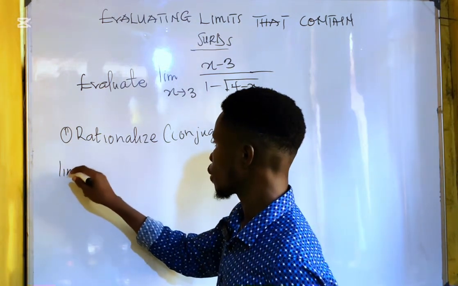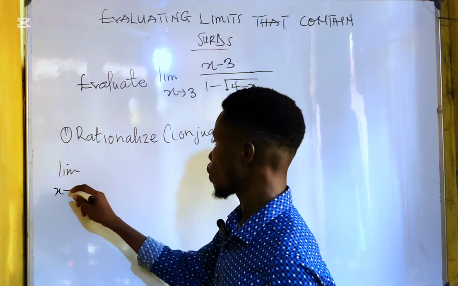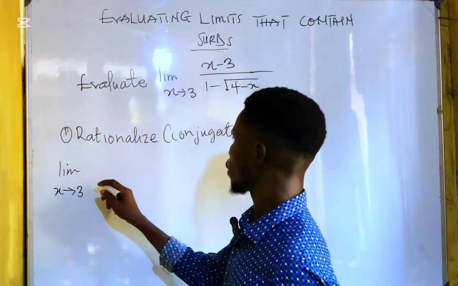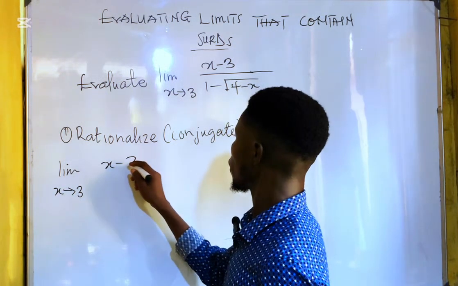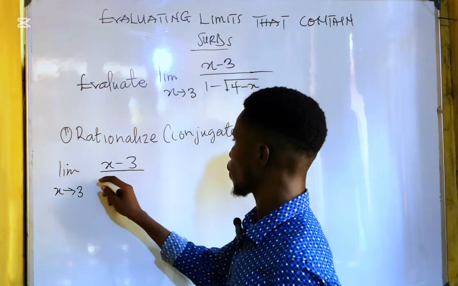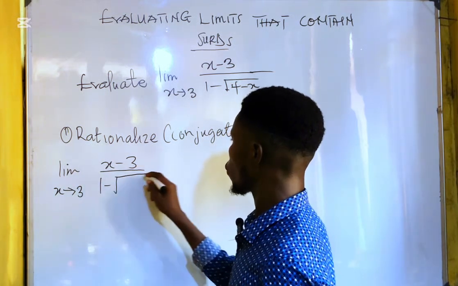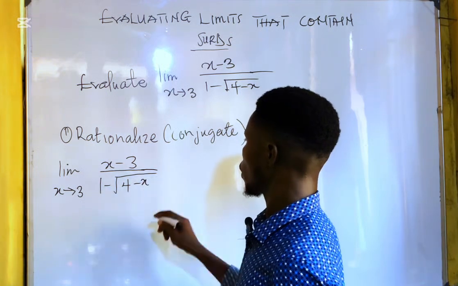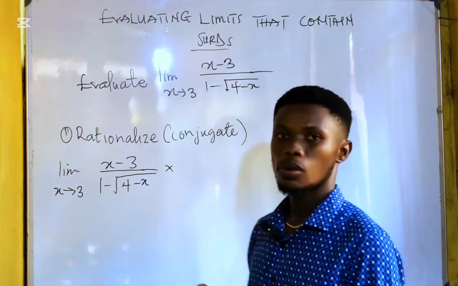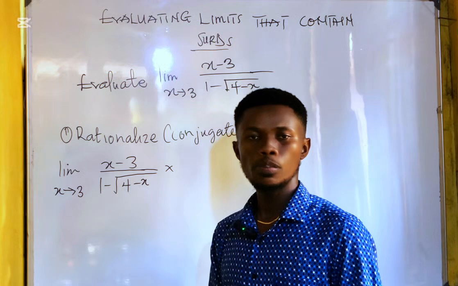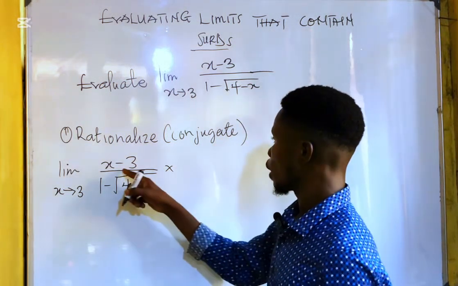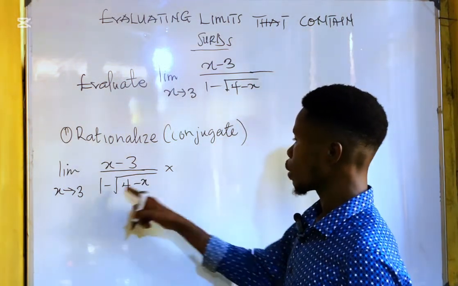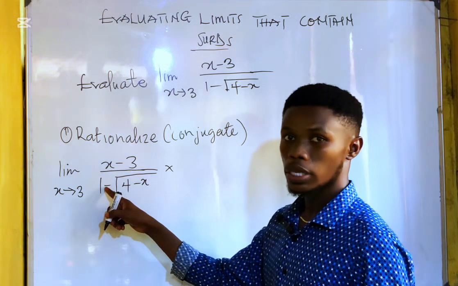You have the limit as x approaches 3 of x minus 3, all divided by 1 minus the square root of 4 minus x. Here, the rationalization simply means that I'm going to repeat this one, but the negative sign here I will change to positive.